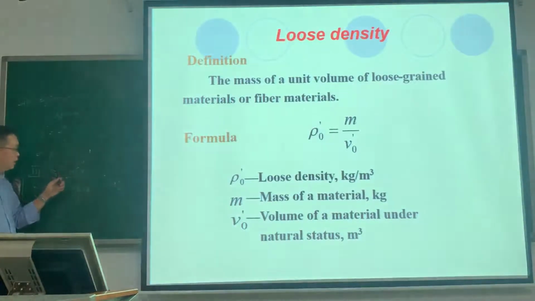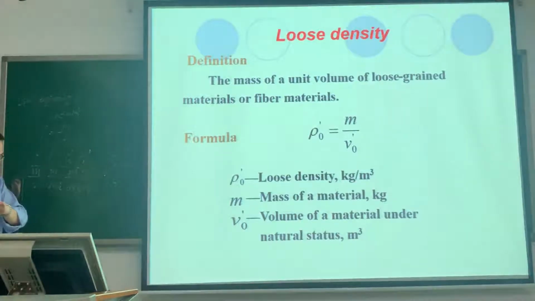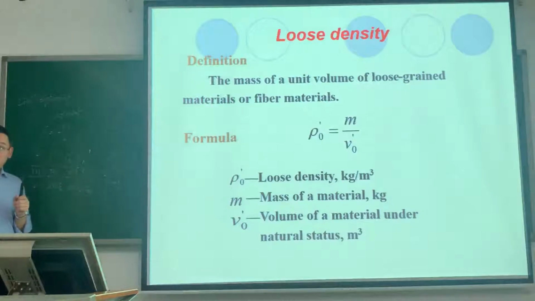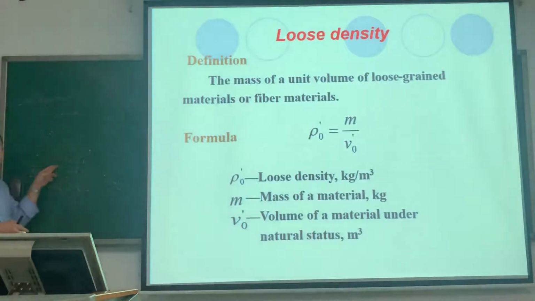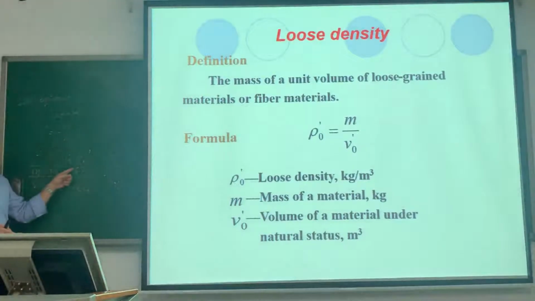Okay? There is a question I need to mention. For the same rock, for the same kind of rock, we have just learned that for the first three kinds of density, this one is the biggest. Yeah? This one is the smallest.